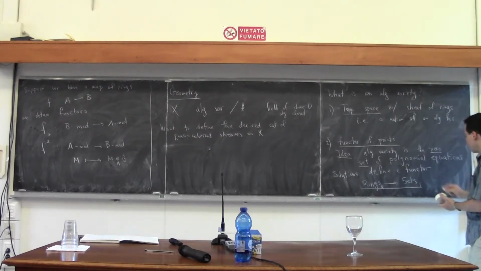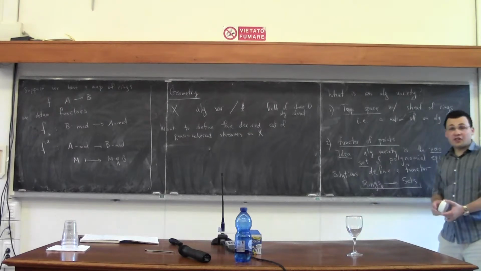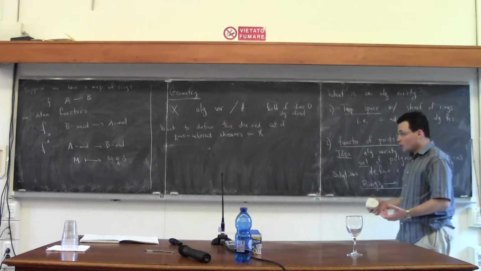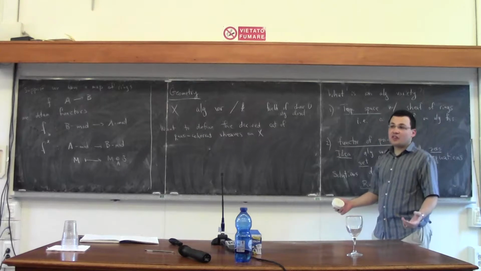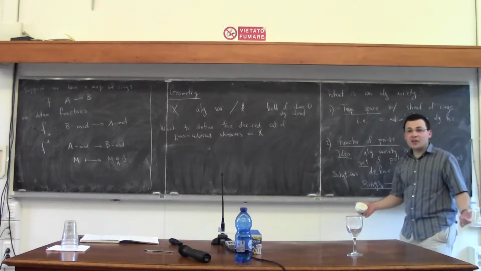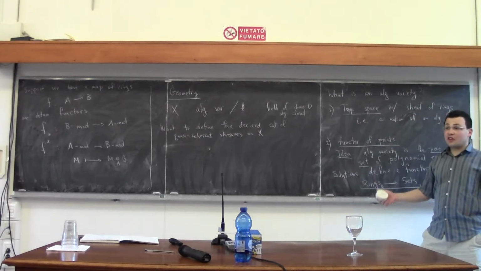So that's another very worthwhile point of view. The equivalence of these points of view is something called the Yoneda lemma in category theory, which is sort of like Schur's lemma in representation theory: its proof is completely trivial, but it has very far-reaching implications.